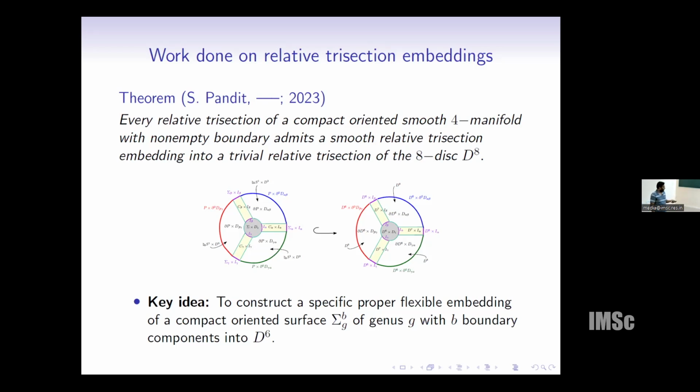By a flexible embedding we mean an embedding of Sigma into D^6 such that every diffeomorphism of Sigma can be realized by an isotopy of D^6. So basically we have this commutative diagram of the isotopy. Let's say this is the diffeomorphism, and this is an embedding, and there is an isotopy here.